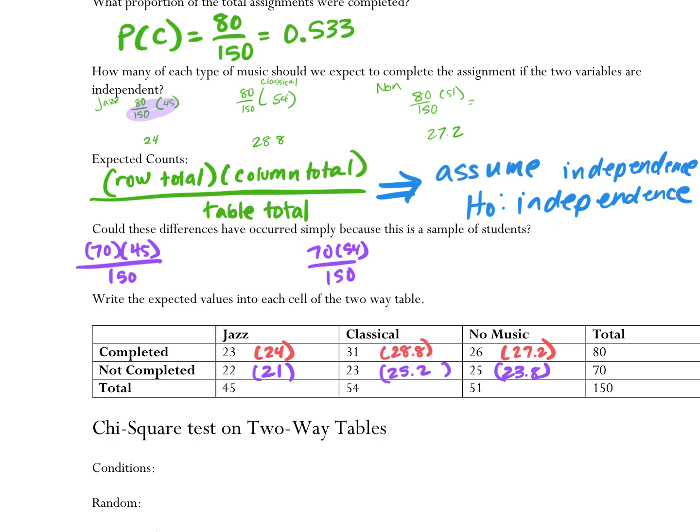They're discrete, right? These are counts. So we have to decide if the differences between our observed and expecteds, which we can all see are not quite exactly the same, are significant enough for us to say, hey, this assumption of independence is the bad assumption.